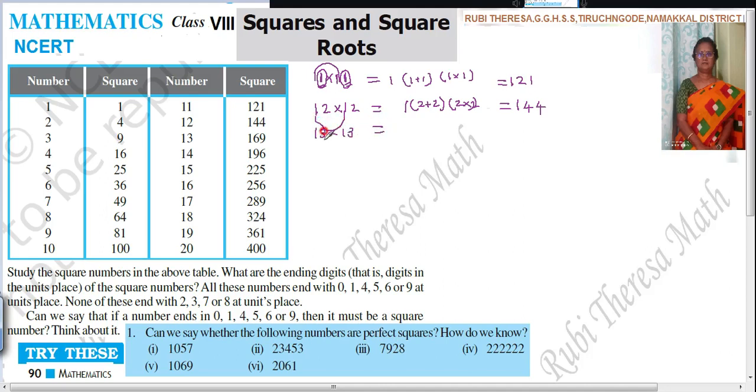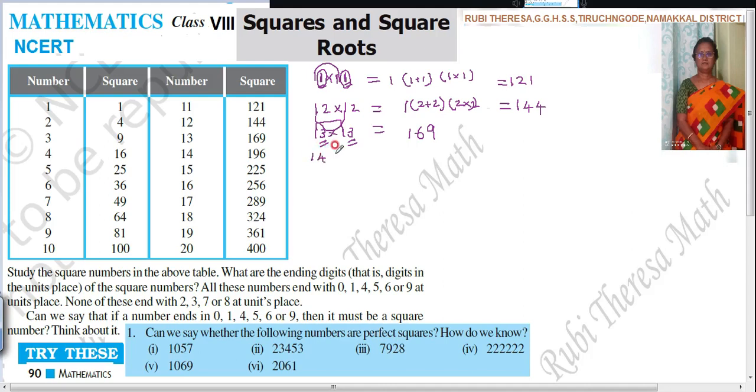Just we will try to write the answer directly. 3 3s are 9. 3 into 3, it is 9. Next, same numbers, 3 plus 3 is 6. Then 1 into 1 is 1.